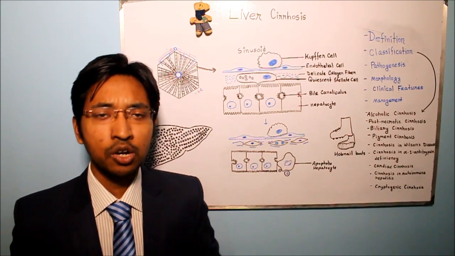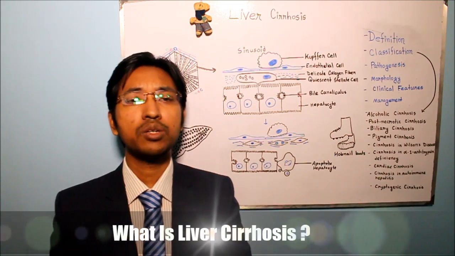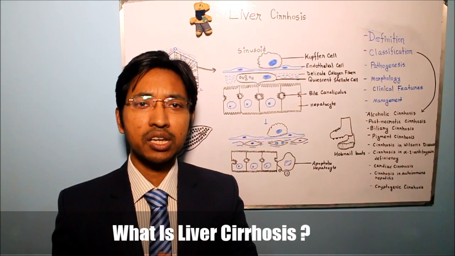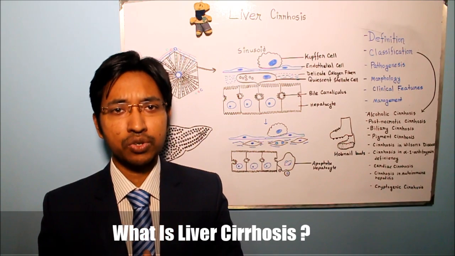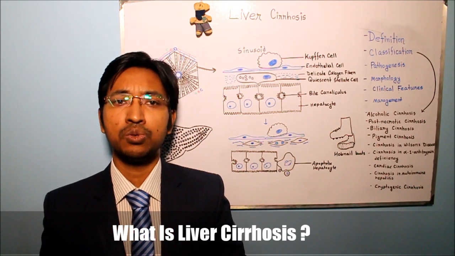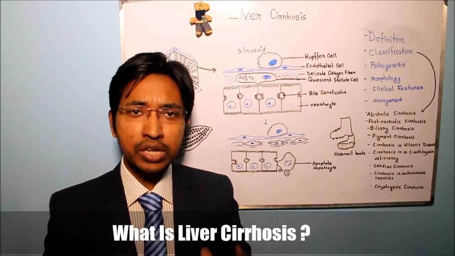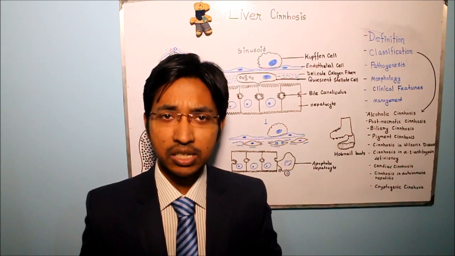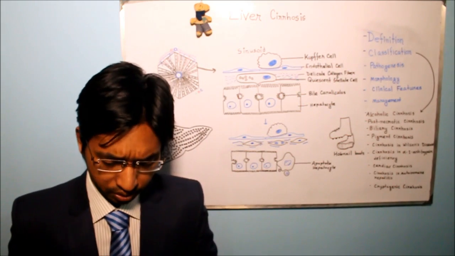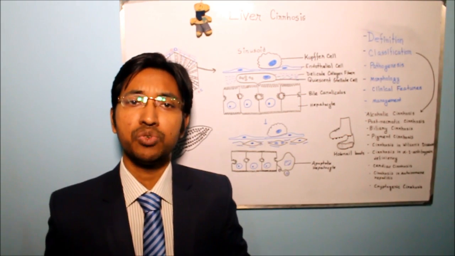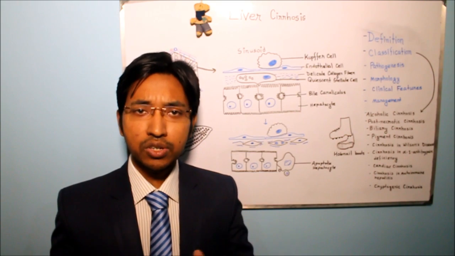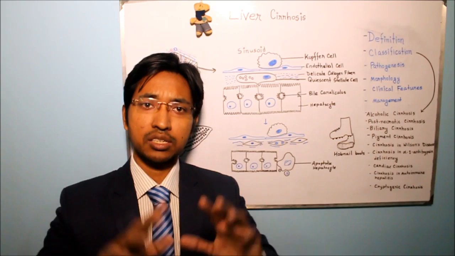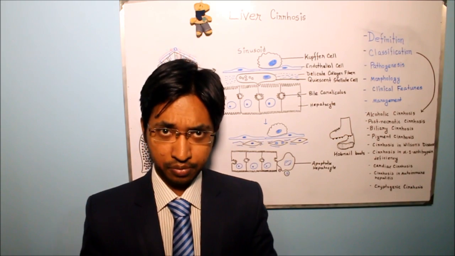First question, what is liver cirrhosis? How can we define liver cirrhosis? Now, before telling you the definition of liver cirrhosis, I would like to tell you some features of liver cirrhosis that will help you in understanding the definition. So the first thing that you have to remember is that liver cirrhosis is a condition that is affecting the entire liver.